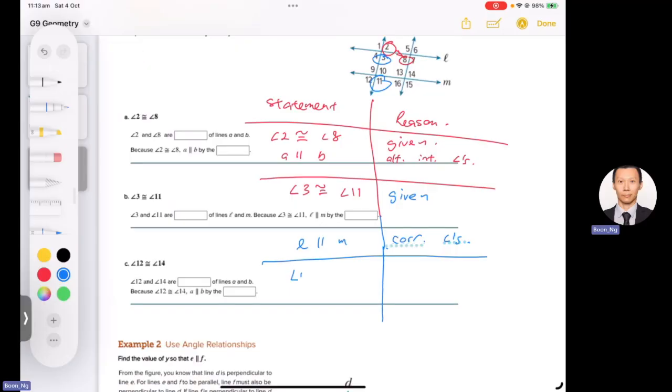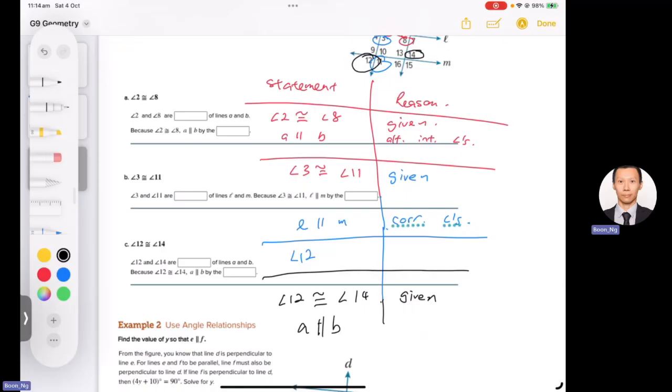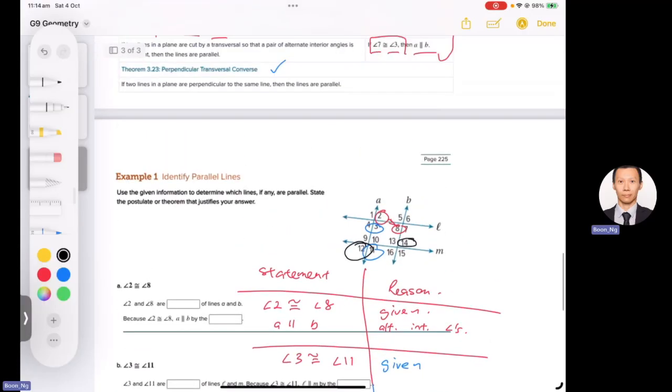Now the next one, angle 12 is here, angle 14 is here. So angle 12 is congruent to angle 14. This is given. We can also say that A is parallel to B because of alternate exterior angles.